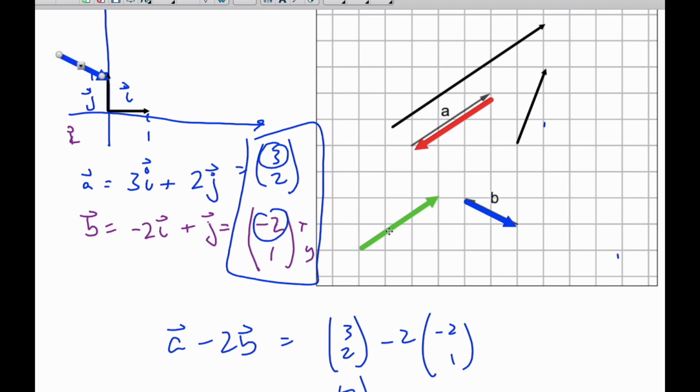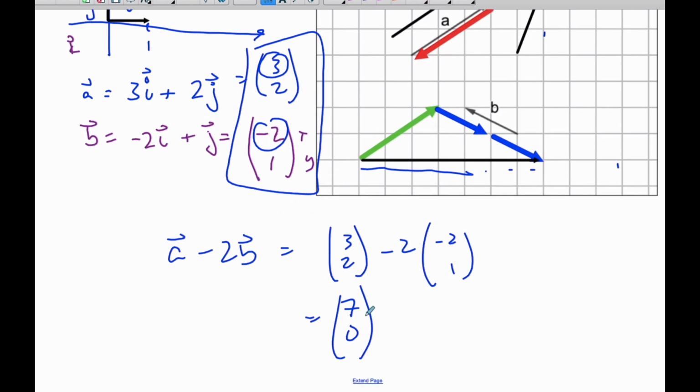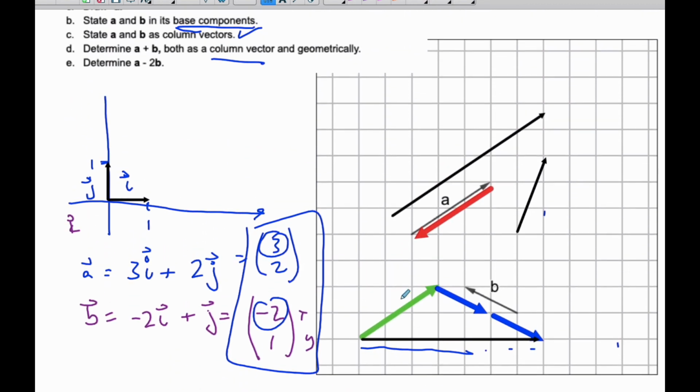I'm going to take it, put it here, put it here, and we can clearly see that my new vector goes there, and it's 7 units, right? It's 1, 2, 3, 4, 5, 6, 7, which is 7, 0.